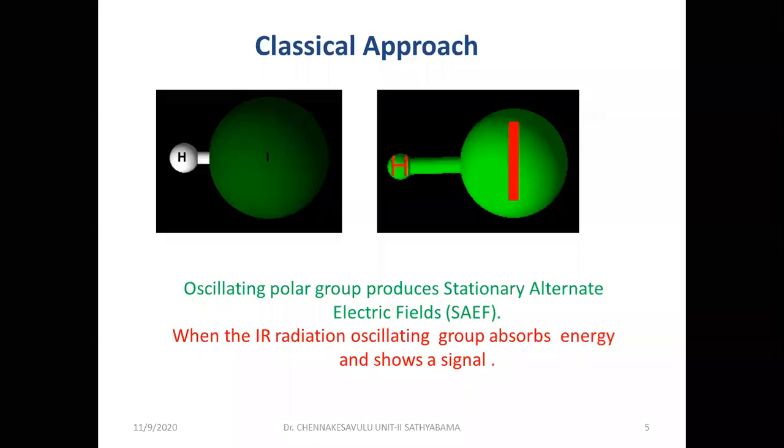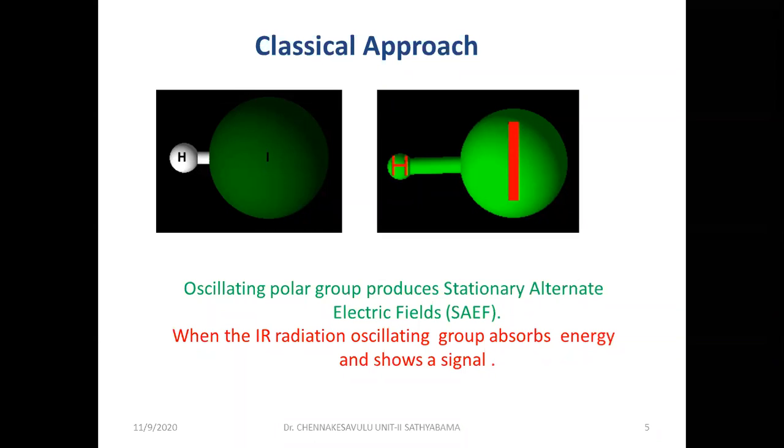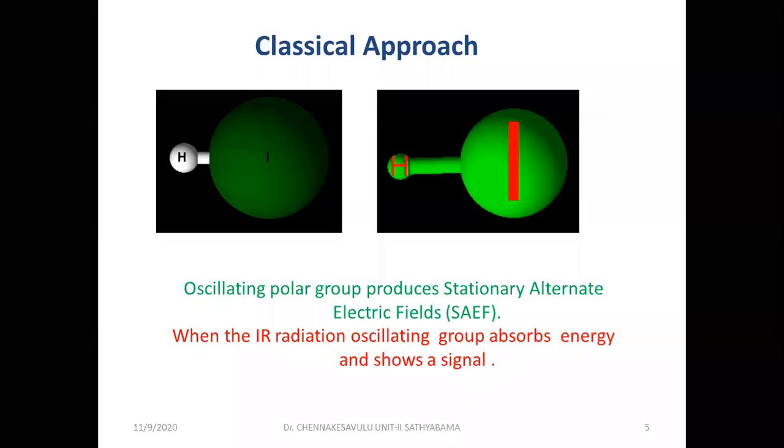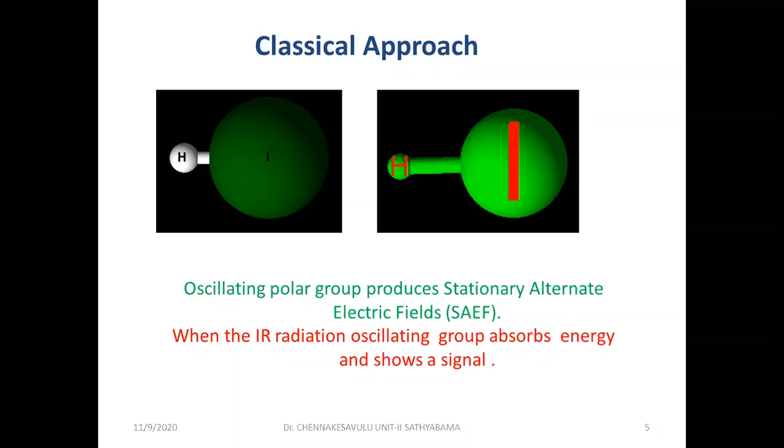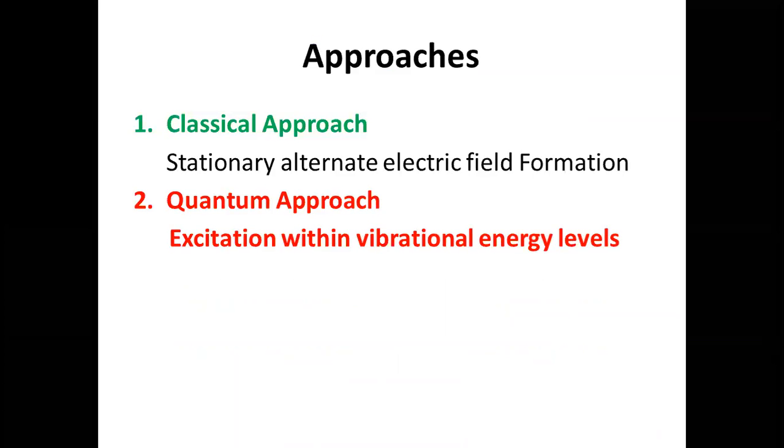The higher the electric field, the higher the absorption, and higher absorption means a good IR peak. This is the classical approach, based on stationary electric field formation.